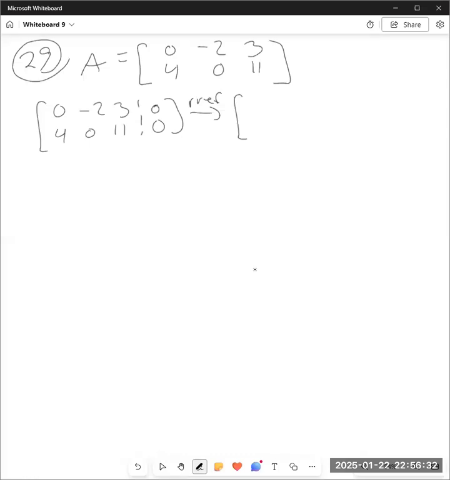Our REF really doesn't reduce, they just kind of switch places: [4, 0, 11, 0; 0, -2, 3, 0], which tells me that x1 is equal to -11/4 x3, and x2 is +3/2 x3, and x3 is itself, so it's the parameter t.